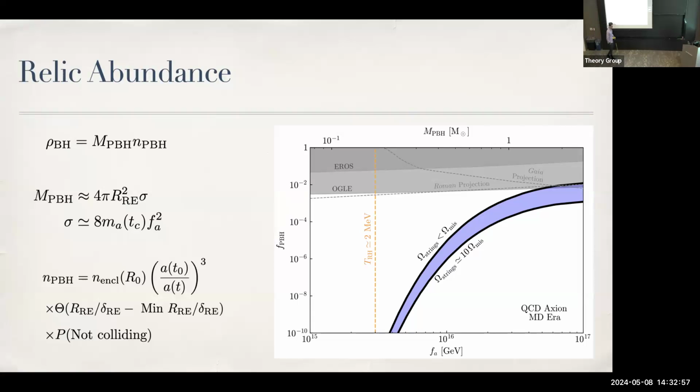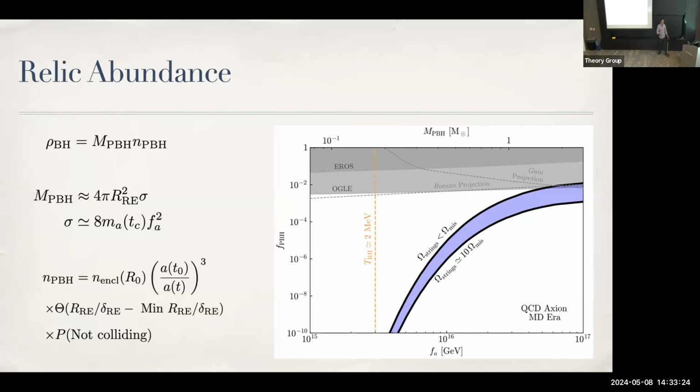There's one caveat for the QCD axion, which is a little bit annoying: because the walls form near the QCD phase transition, I can't actually have FA be so large, because I overproduce the axion dark matter from the normal misalignment mechanism. Normally for FA greater than 10 to the 11 GeV or so, you have to dilute that abundance of QCD axions to get the right dark matter abundance.